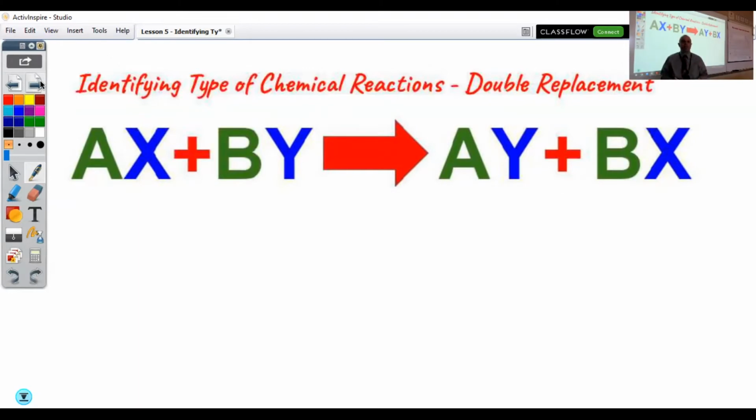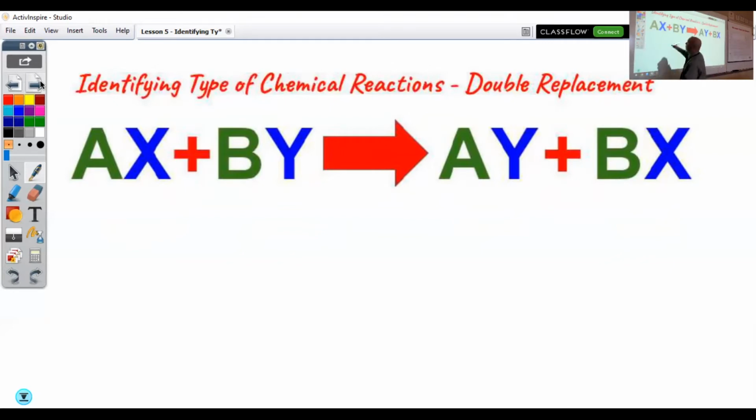Our fourth type of reaction is called a double replacement reaction. And basically what happens in a double replacement reaction is that two compounds will react with each other and they will switch partners. So the cation from one will pair up with the anion from the other, so the positive of one with the negative of the other.